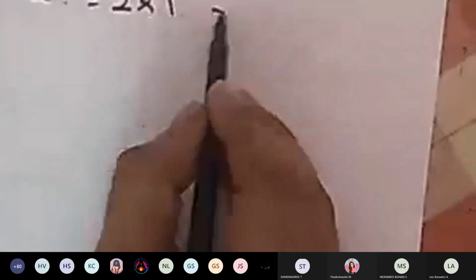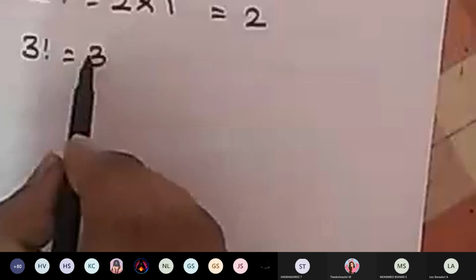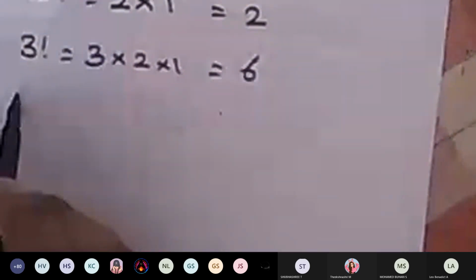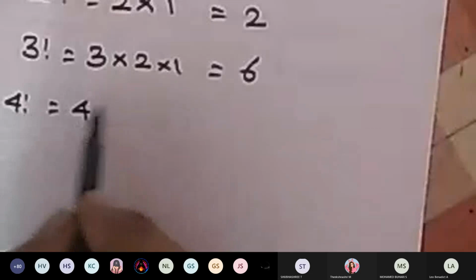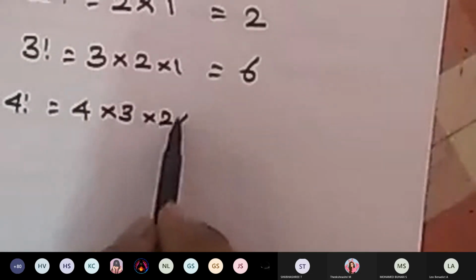For example, 2 factorial means you have to multiply from 2 till the first natural number 1. 2 into 1, 2. 3 factorial means you start with 3 and multiply till 1: 3, then 2, then 1. That is 6. 4 factorial means start with 4, then 3, then 2, and end with 1.